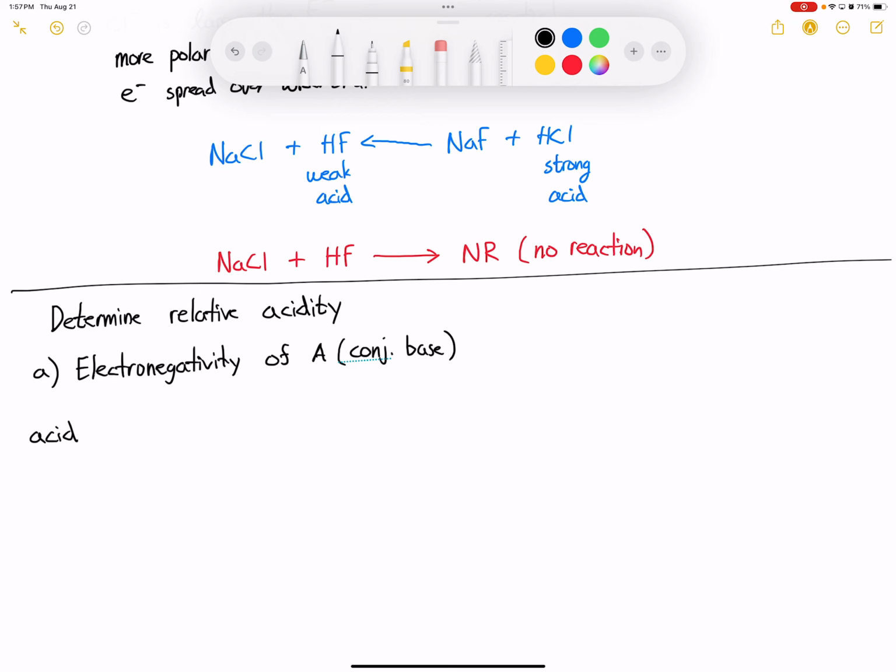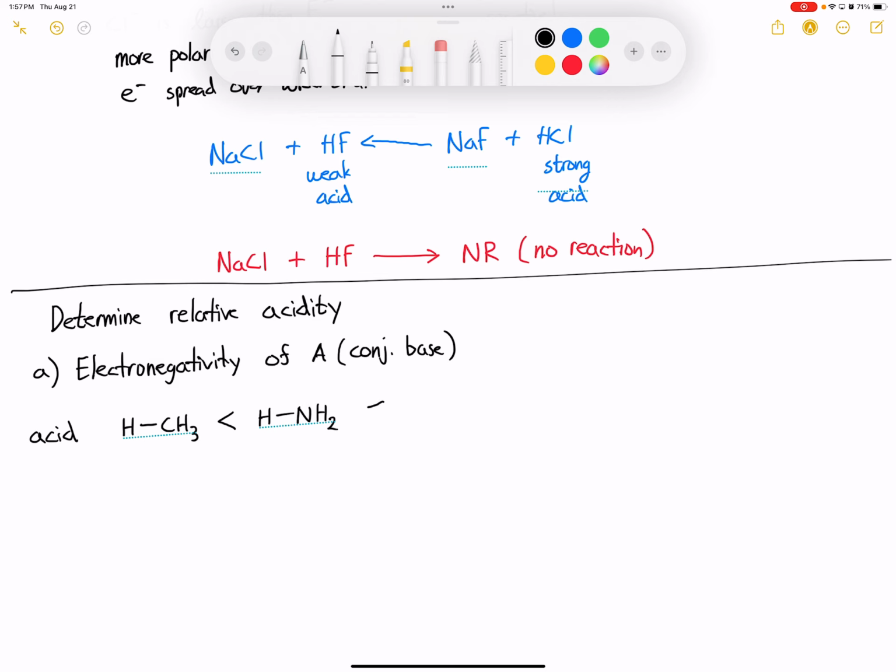Okay, so I have methane, HCH3. Well, we don't really think of methane as an acid, right? So that's the weakest. It's less acidic than ammonia. So I'm drawing out this bond because that's the bond that's going to be lost. That tells you that's the H plus being lost, okay?